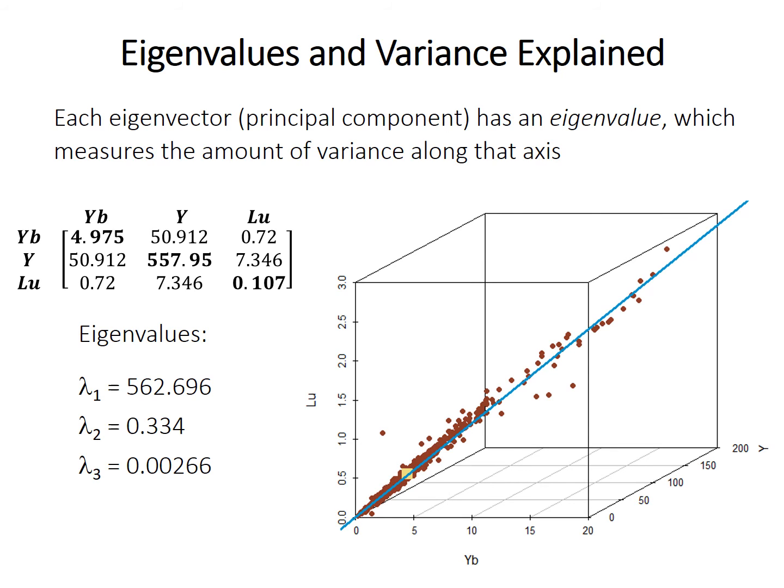In the example here, you can see that the total of the three eigenvalues, given the Greek letter lambda, is the same as the sum of the three original variances. So each principal component axis, each eigenvector, explains a certain proportion of the original variance, and that proportion is given by its eigenvalue.